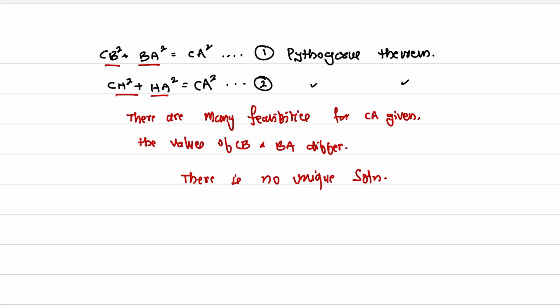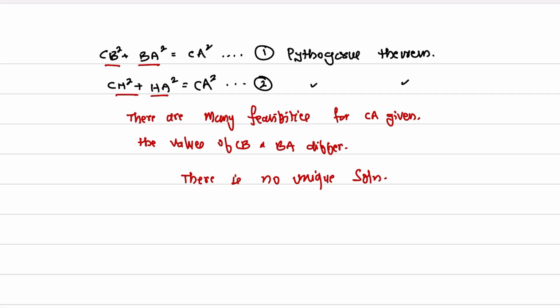A scientific, research-based mathematical approach is assumptions, thinking, filling in the gaps, and if you are ultimately unable to fill in the gaps and you get many solutions, then you say that there is no unique solution available. Otherwise, you have to find the unique solution. For finding the unique solution also, certain assumptions are needed. Here, whatever we assume, angle 90 is given, hypotenuse is given, other things are not given to us.